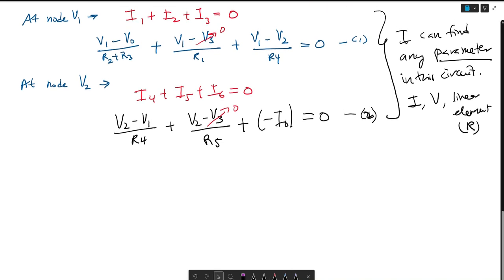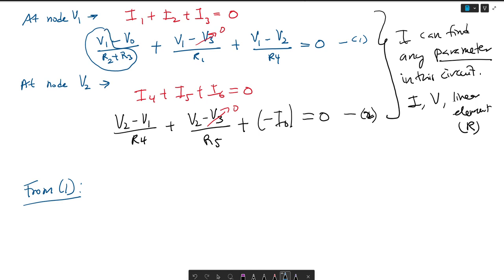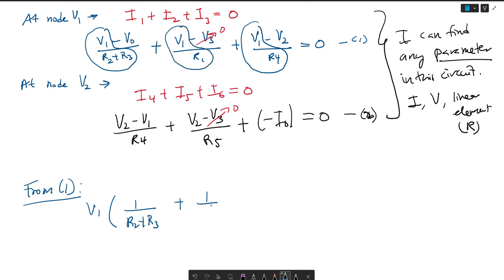And we can say, from equation 1, we can pull out this V1, and we're left with 1 over R2 plus R3, plus 1 over R1, plus 1 over R4.